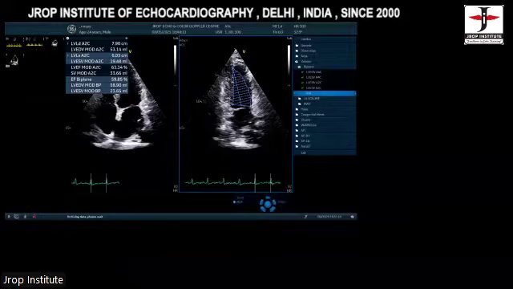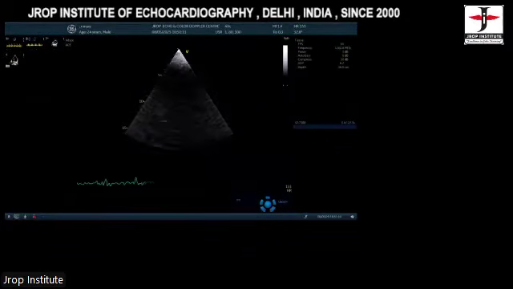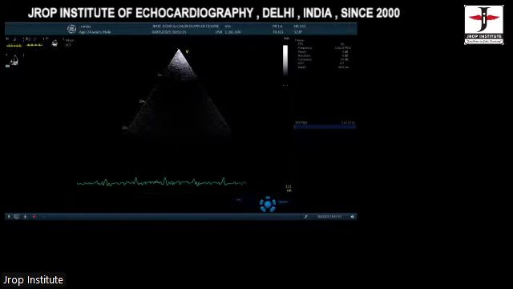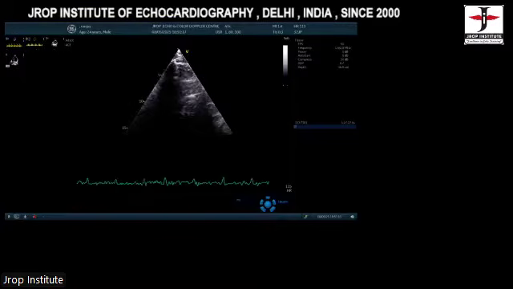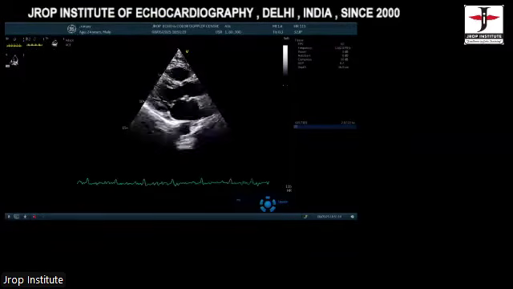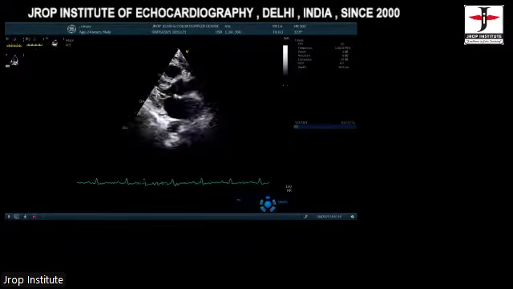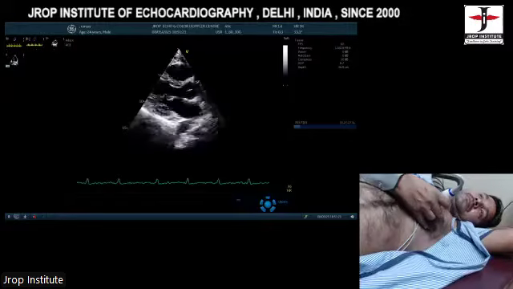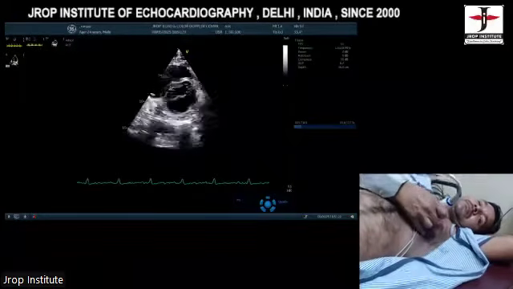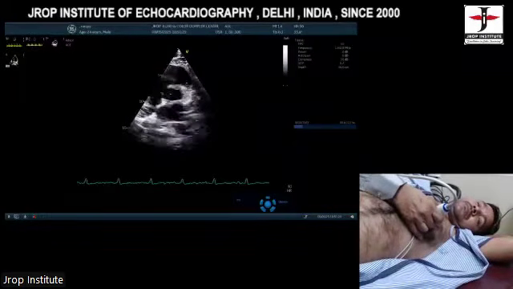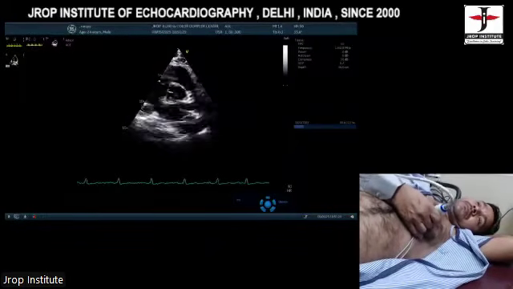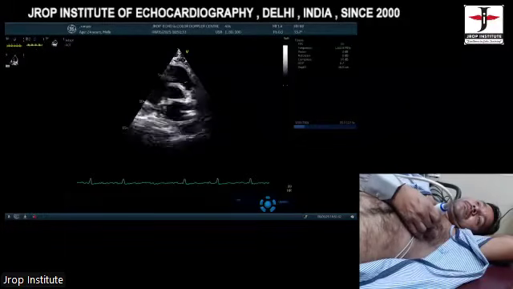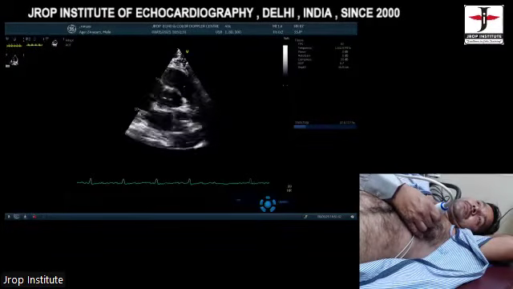Pulmonic artery visualization is we go to parasternal window. Look at the parasternal window. Is it clear? Rotate transducer to 90 degree, and it should be at the level of aorta. Now, can you see the pulmonic artery?